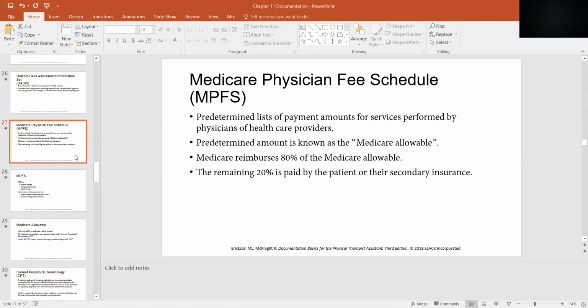All right, now we're to the MPFS, Medicare Physician Fee Schedule. It is a predetermined list of payment amounts for services performed by physicians or healthcare providers. The predetermined amount is known as the Medicare allowable, so if you hear of that, Medicare reimburses 80% of the Medicare allowable, then the remaining 20% is paid by the patient or their secondary insurance.